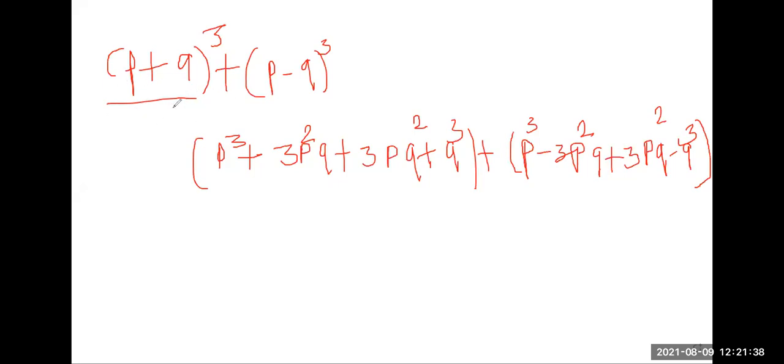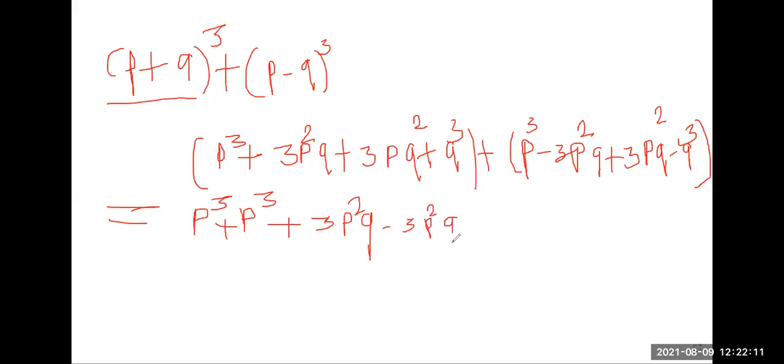Now here you will see we have to add these. So what we are going to do is take all the same terms at the same place. So p cube plus this p cube, both are the same, so we can write them together. Now plus 3p square q is minus, the same number, so we write 3p square q.